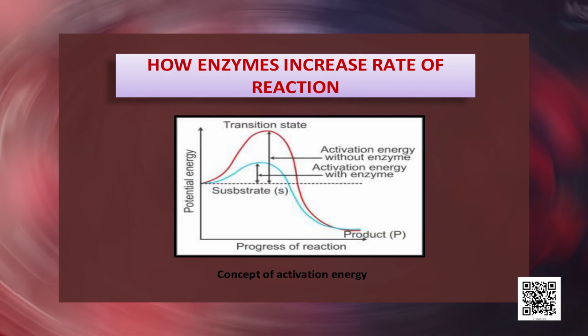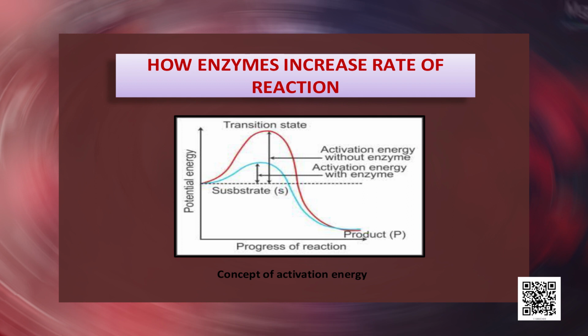Let us now discuss how enzymes increase the rate of a chemical reaction. A graph is shown on the screen. On the x-axis, progress of reaction is shown and the y-axis represents the potential energy. Most of the chemical reactions do not start automatically because the reactant molecules must overcome an energy barrier to become reactive.